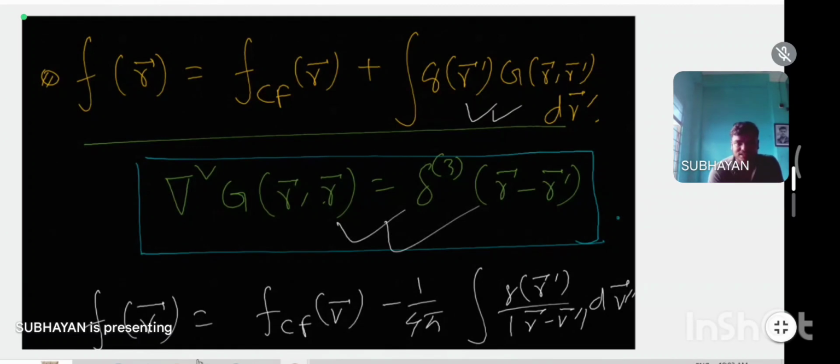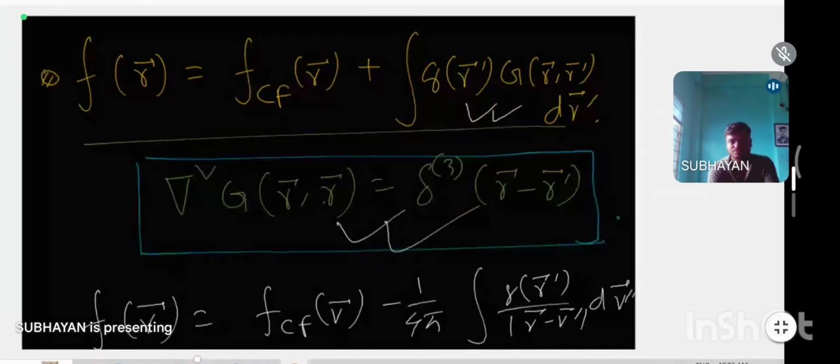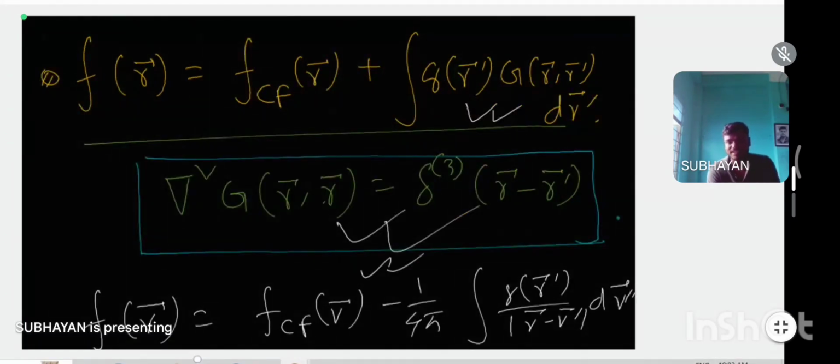Okay. So this resembles the solutions you have found in electrostatics, and these are identical now. Okay. So our green function method or green function technique is working well for the Poisson equation. In the particular case of the Poisson equation, our green function technique is working very well, and it will match the solution which you can find from electrostatics.